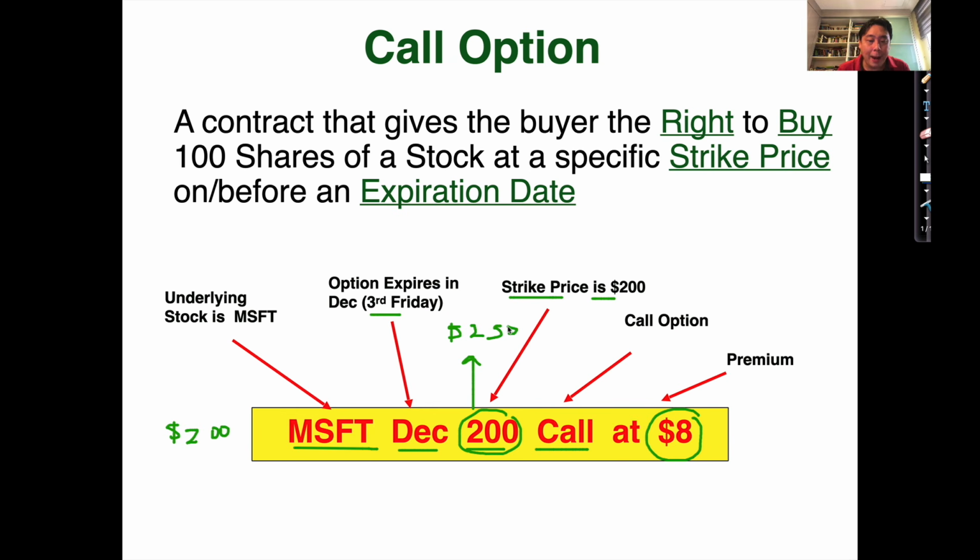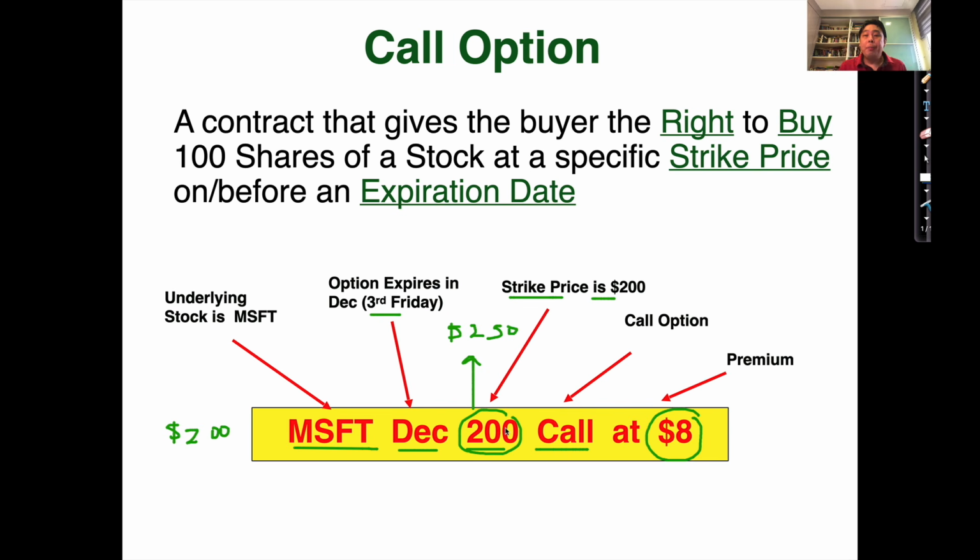Because by buying this call option, you have locked in the price at $200. You have the right to buy the shares at $200, but it's now at $250. So theoretically, you could buy the shares at $200 and sell it in the market for $250, making a profit of $50. Does that make sense?